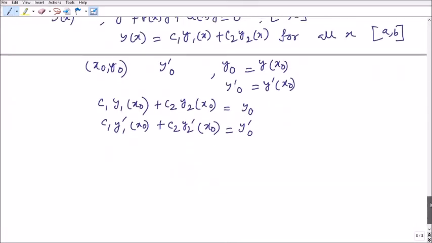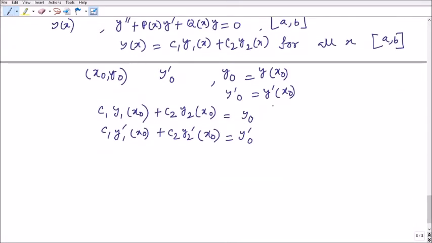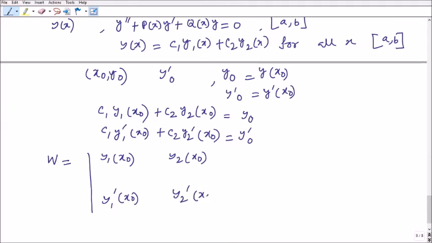Now we can find the values of C1 and C2 by solving these two equations, and if we follow Cramer's rule, then the values of C1 and C2 can be found only when the determinant, which is represented by a quantity called W, the determinant of y1 of x0 and y2 of x0, and the derivatives y1 dash of x0 and y2 dash of x0, is not equal to 0.